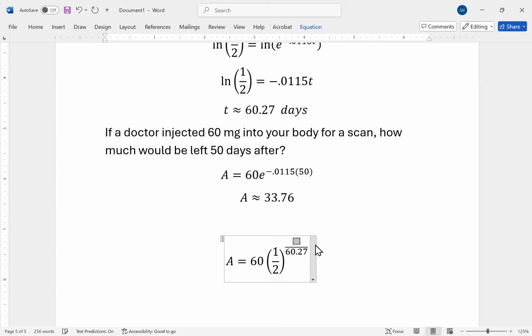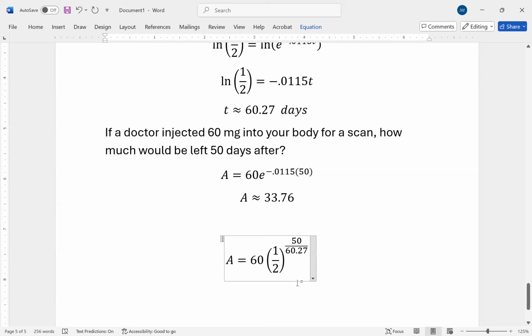Then if you plugged in 50 for that t, you would get roughly the same thing. I hit the wrong button, sorry. You'd get right about 33.76 again. And you'd be a little bit more accurate. You'd be exactly the same if this 60.27 got replaced with its exact value from up here.